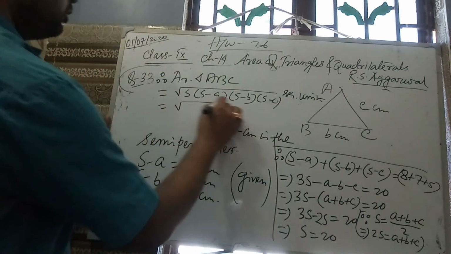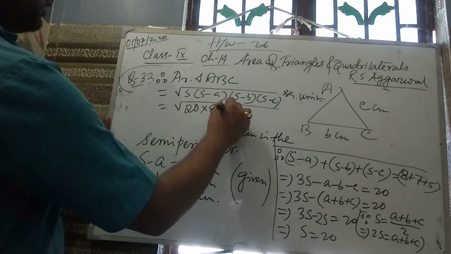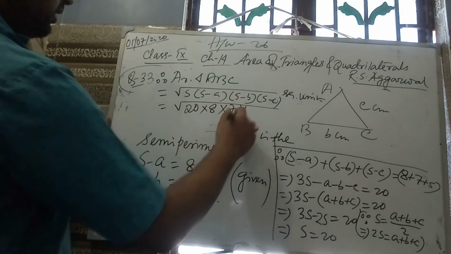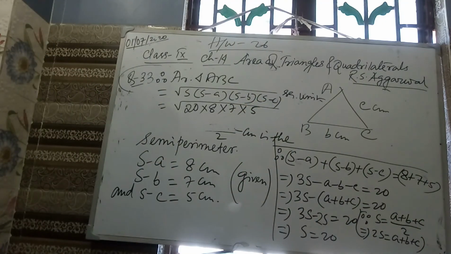Put the values: s equal to 20, s minus a 8 is given, s minus b 7 given, s minus c 5 given. Okay.